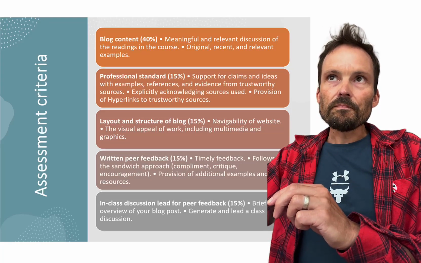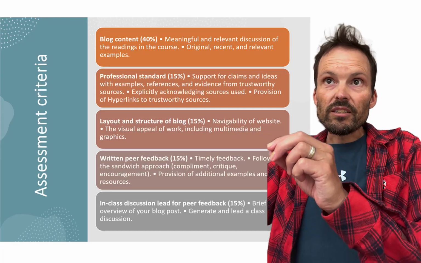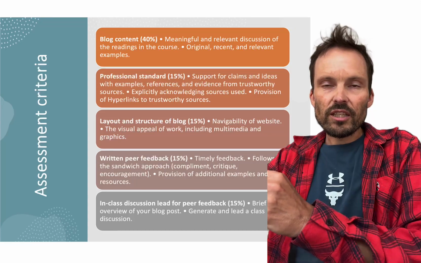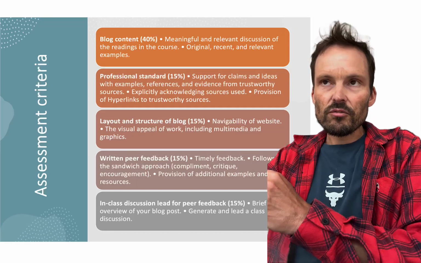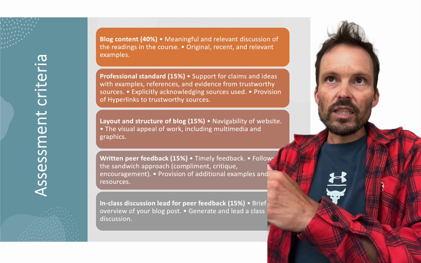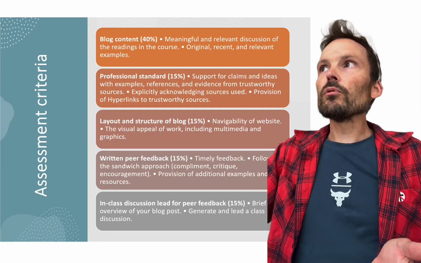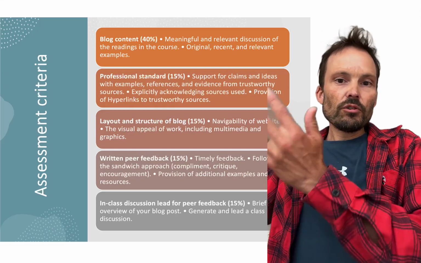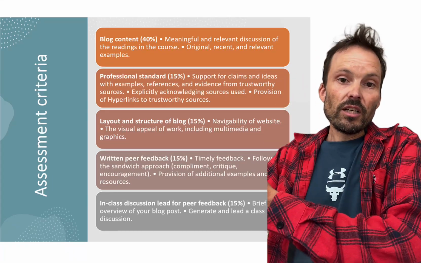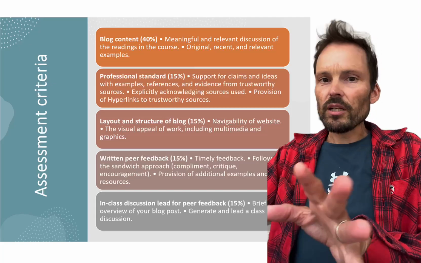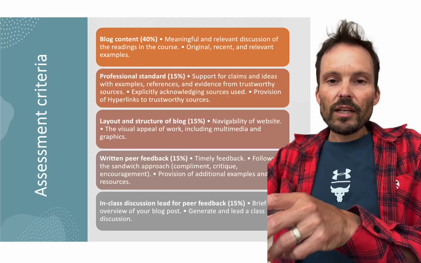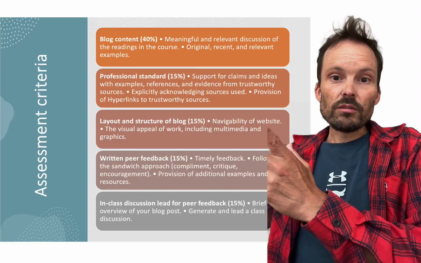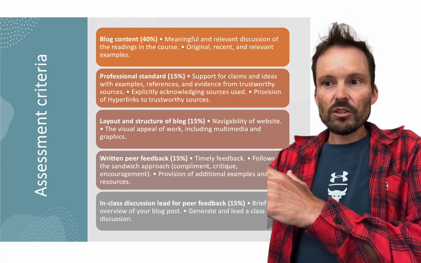You need to explicitly say in the text where you got this information from. So instead of saying, for example, "5 billion humans are now on the internet on any given day" (I just made it up, I'm not sure if it's true), and then having a hyperlink to the number 5 billion, right? That's not explicitly acknowledging the source.